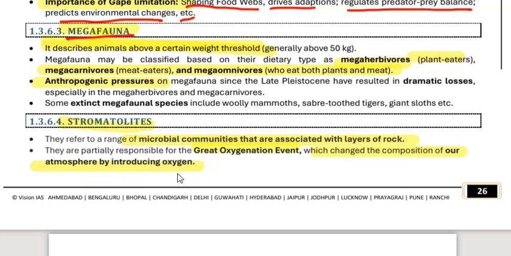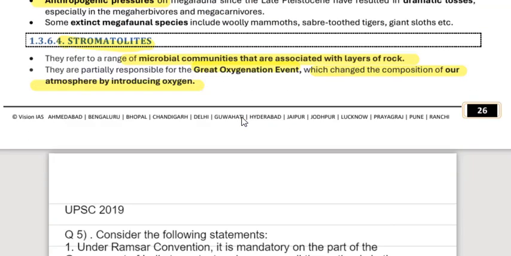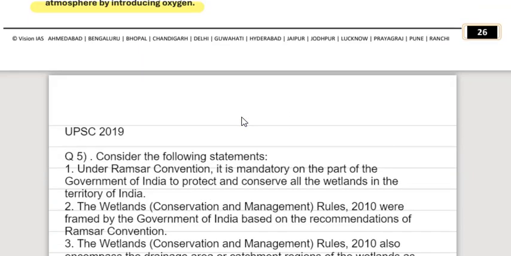As you all know, in our initial atmosphere there was no oxygen; it was mainly composed of methane, carbon dioxide, sulfur dioxide, and such gases. In the Great Oxygenation Event, some microbes released a huge amount of oxygen into the atmosphere. More details about the stromatolites are given on the next page.